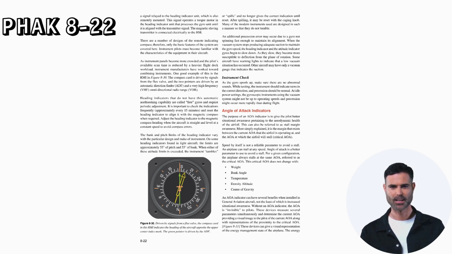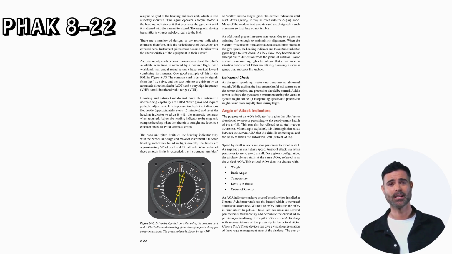An AOA indicator can have several benefits when installed in general aviation aircraft, not the least of which is increased situational awareness. Without an AOA indicator, the AOA is invisible to pilots. These devices measure several parameters simultaneously and determine the current AOA, providing a visual image to the pilot of the current AOA, along with representations of the proximity to the critical AOA.